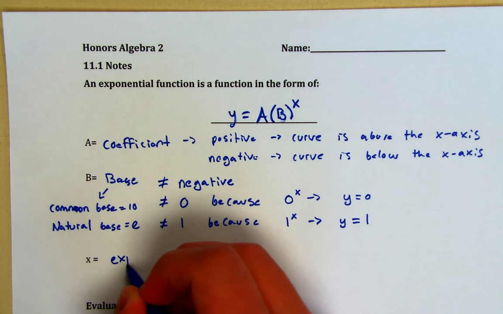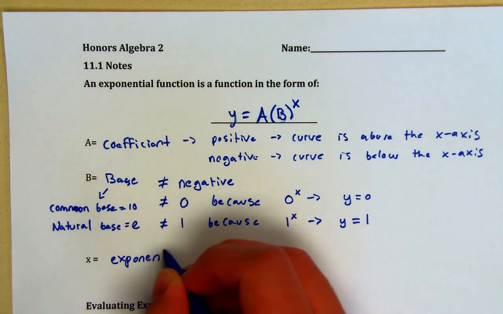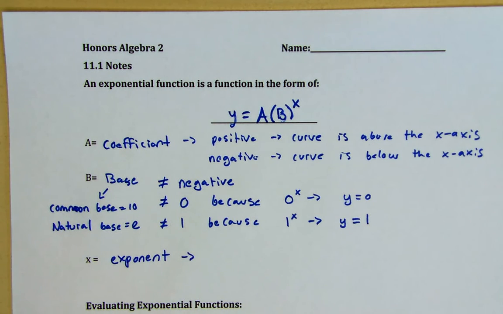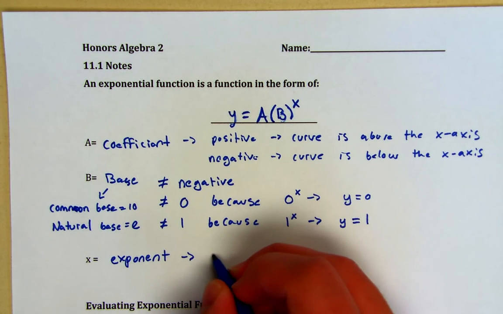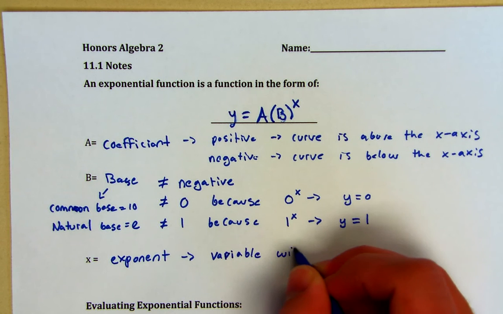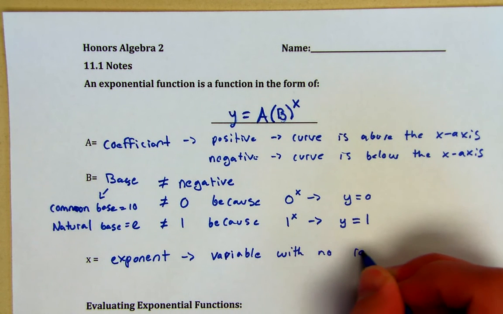X is the exponent of the function. The exponent is always a variable with no restrictions.